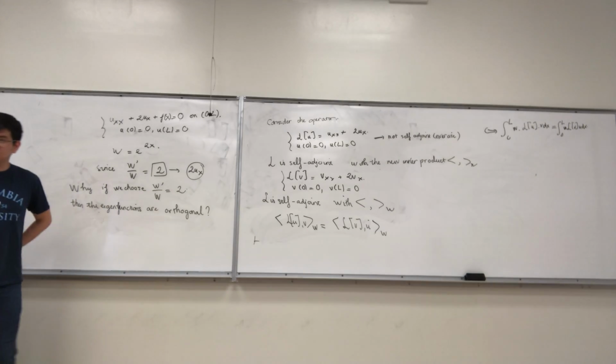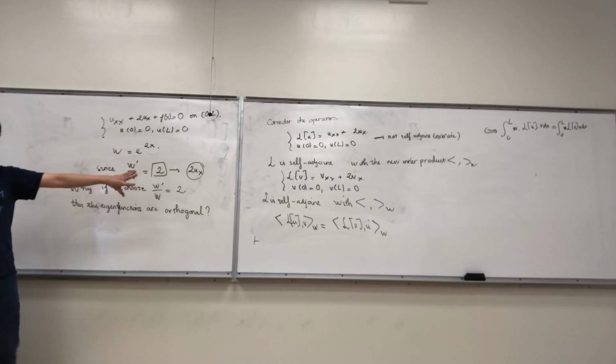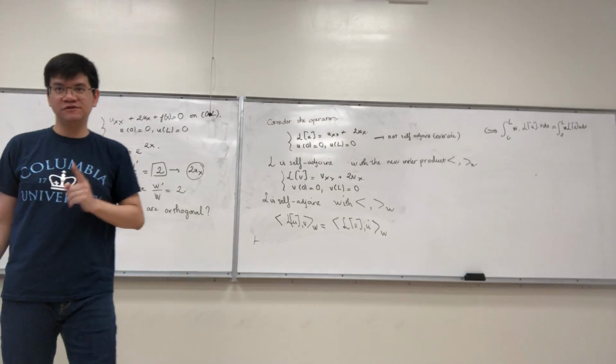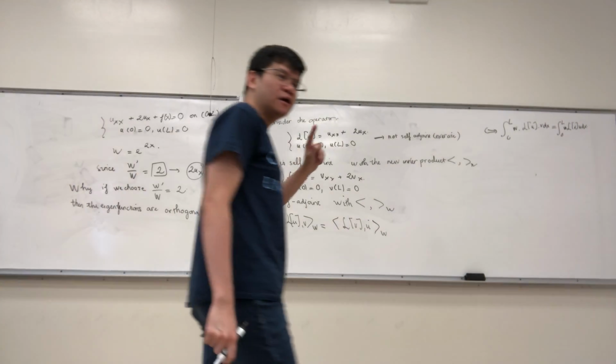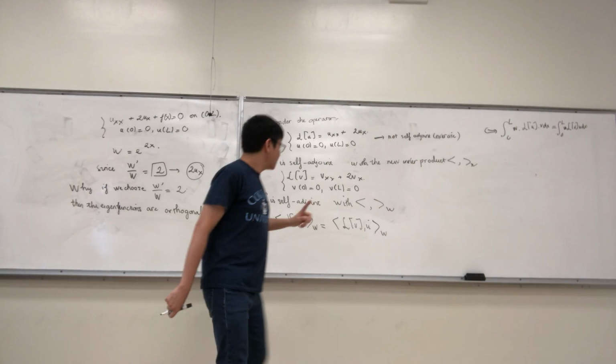Right? So with this inner product, all of the eigenfunctions are orthogonal. This is because with this inner product, L is self-adjoint.